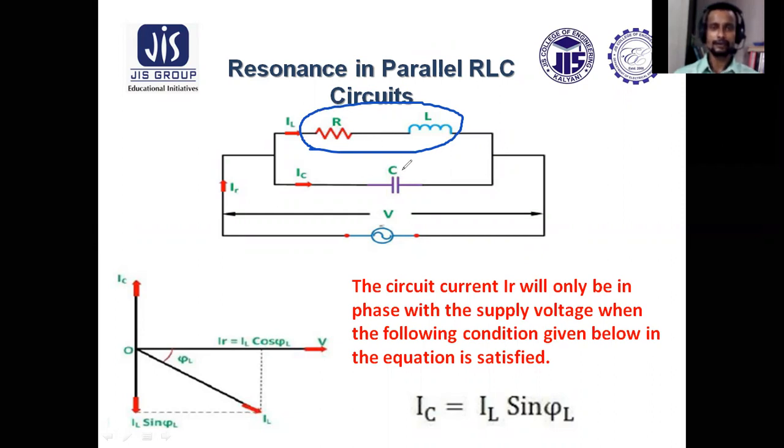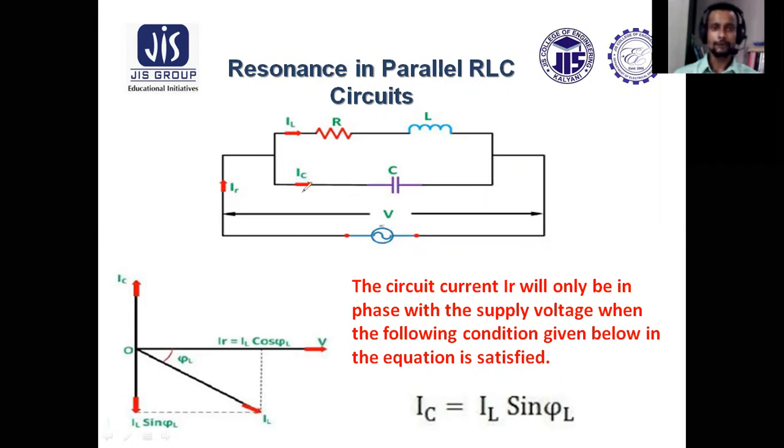With this coil there is a capacitor connected in parallel. So for such circuit, how resonance will take place, that we will be discussing now. Now for this circuit, see the total current, circuit current is IR, current through coil is IL, and current through the capacitor is IC.